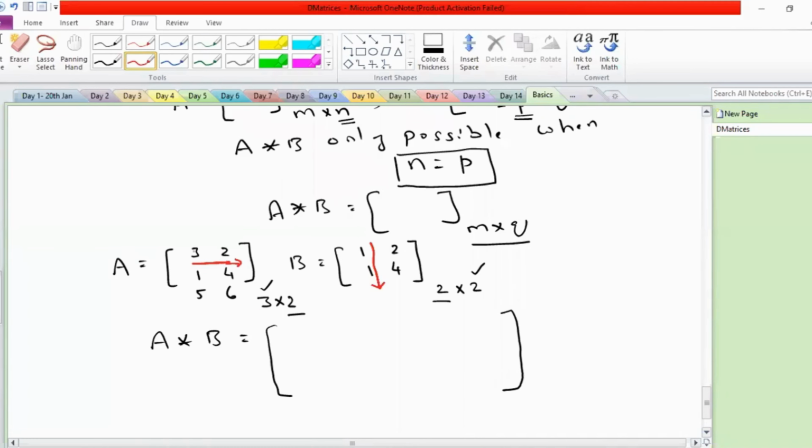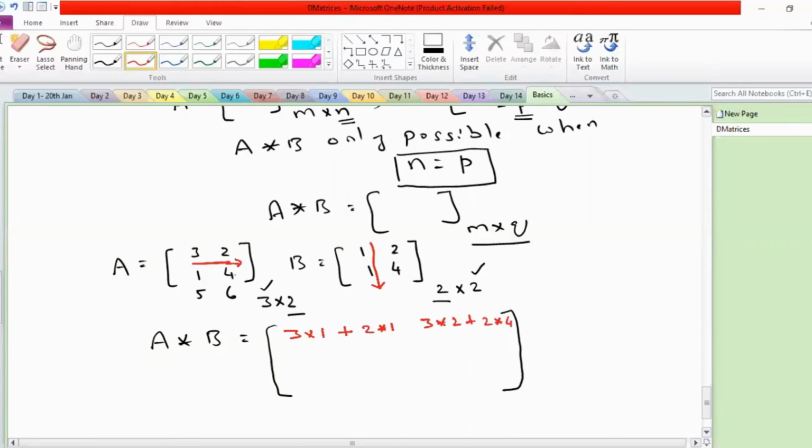So what you do? 3 multiplied by 1, 3 into 1 plus 2 into 1. Next, second row, okay, you have to go everywhere. It is something like this. This one into this. Next, this one into the second column. So what you do? 3 into 2 plus 2 into 4.